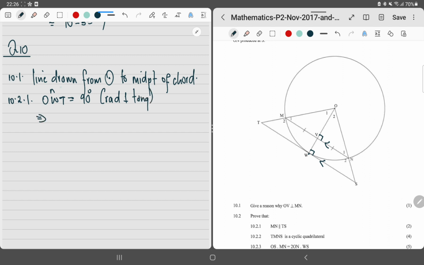So this means that OWT is equal to OVM. So this means that MN is parallel to TS because of corresponding angles. We are forming an F there. This is 90, that's 90. So this must be parallel to that.